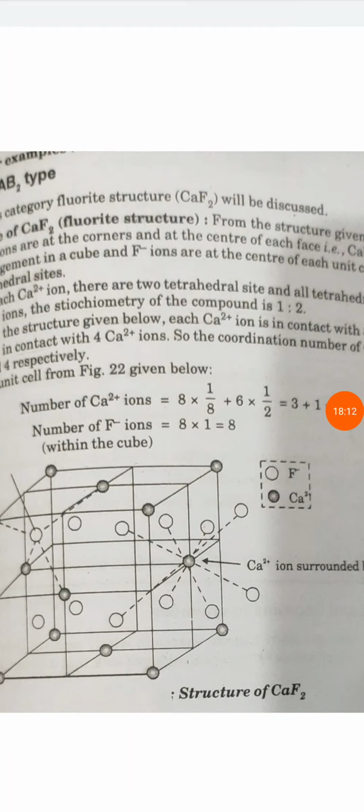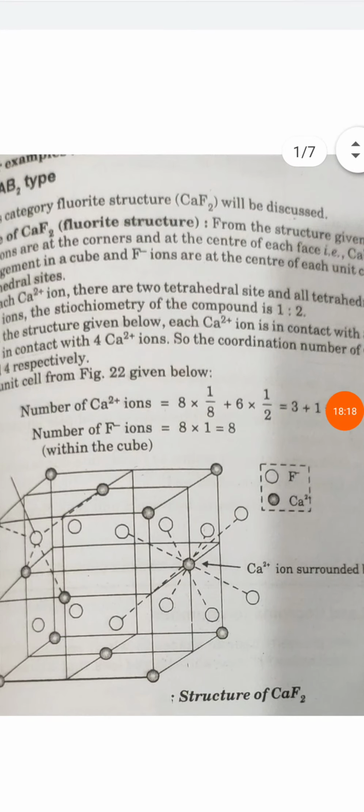Cations and anions in an ionic solid arrange in such a way as to attain a stable structure, when the attractive forces between the oppositely charged ions are maximum and repulsive forces are minimum.